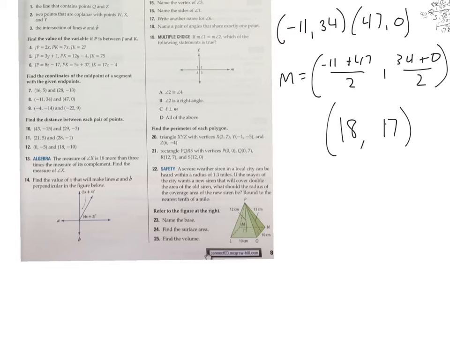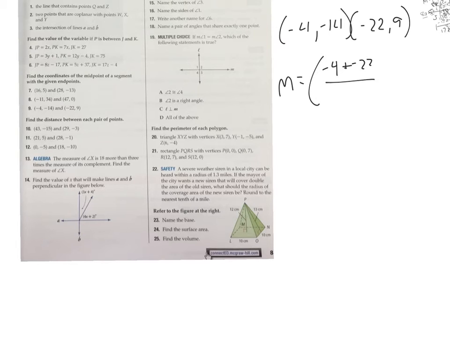And let's see, number 9. Number 9, the points are negative 4, negative 14, negative 22, 9. Same exact formula, so midpoint will equal negative 4 plus negative 22 divided by 2, and negative 14 plus 9 divided by 2.